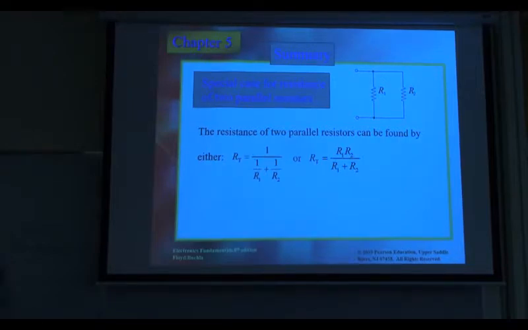How about if we have 4? Anyone can generalize this? R1, R2. What is on the top? 1, 2, 3, 4, right? And so R1, R2, R3, R4, all multiplied together. What is on the bottom?